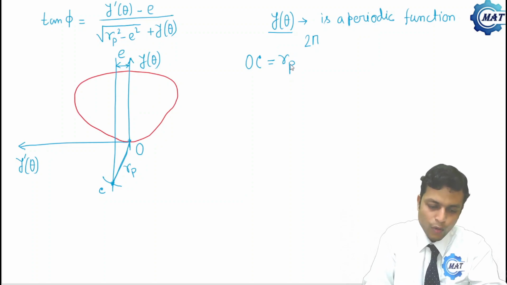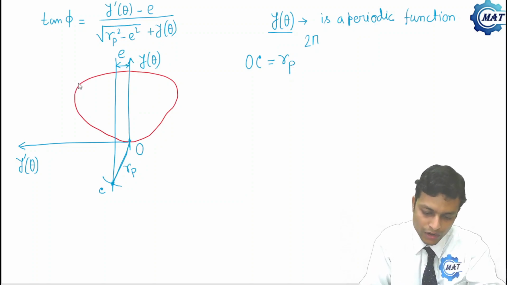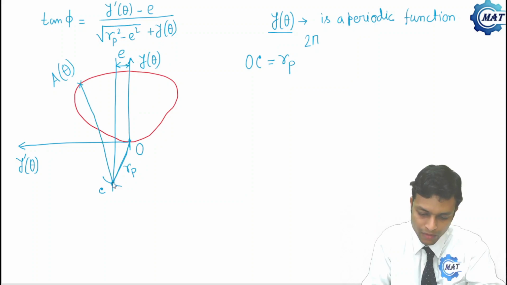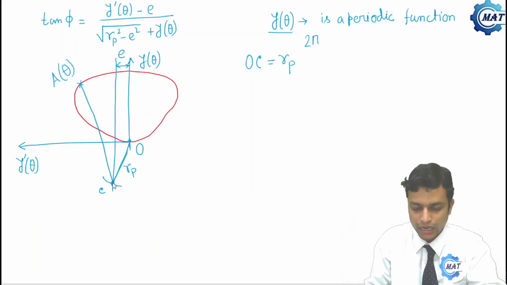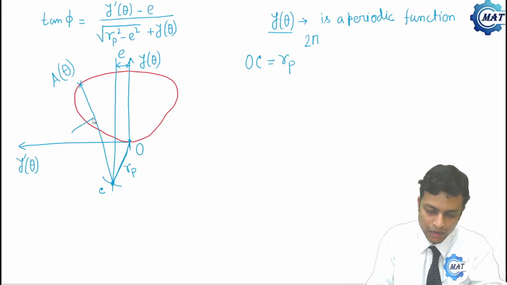Now say any point on the curve, this point A, corresponds to theta. If we join A to C, what is the value of this angle?